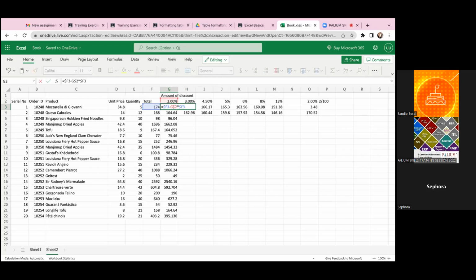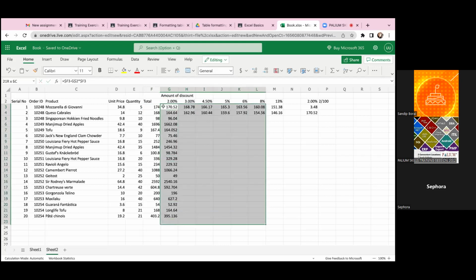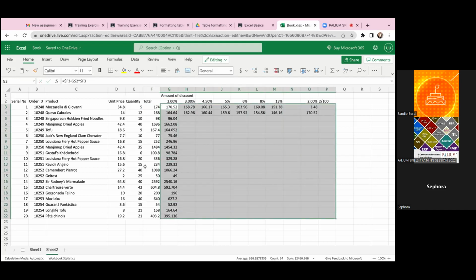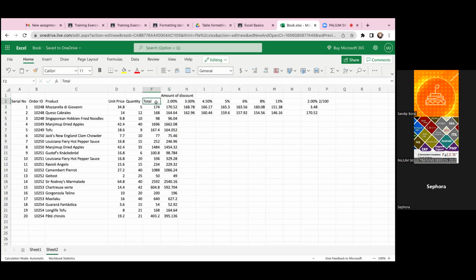You mean the dollar sign before 2? Yes. Sir, one thing I would like to clarify: if I lock the cell F3, which is 174, so if I put the dollar sign in front of the column and the number in the row, that means it's locked.